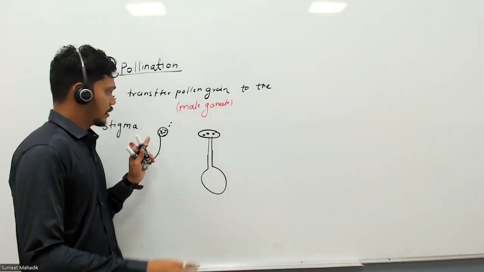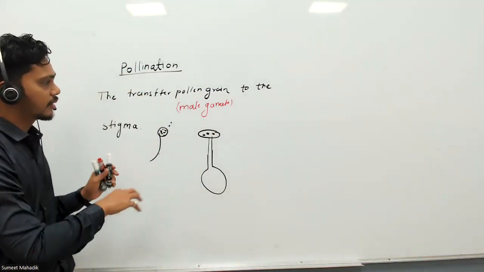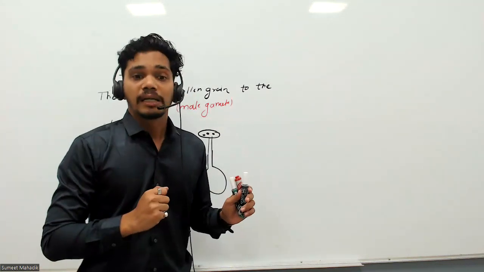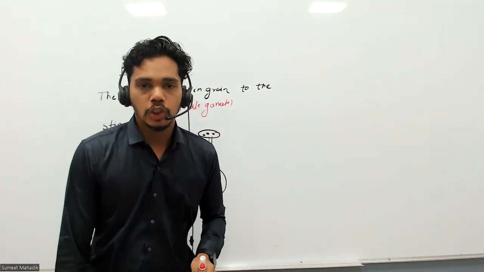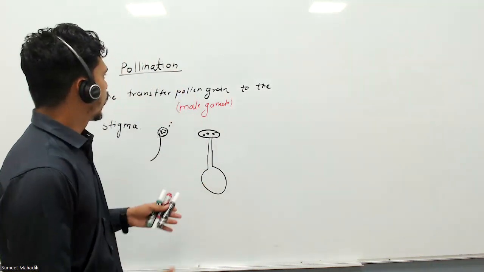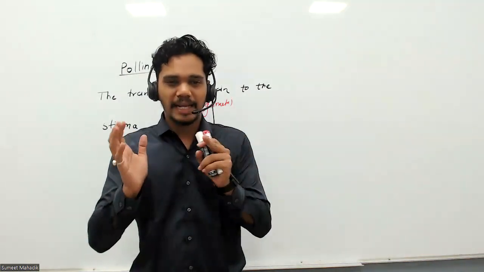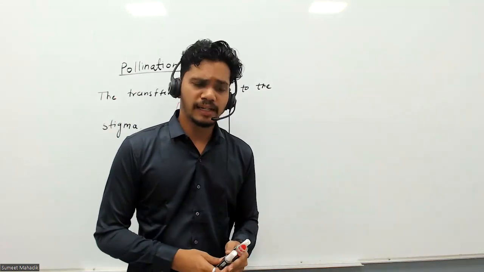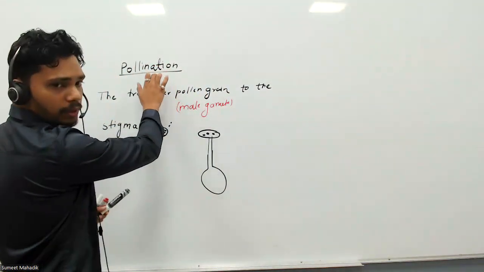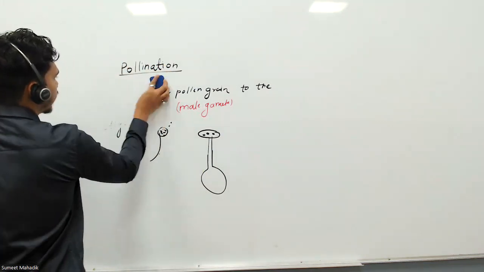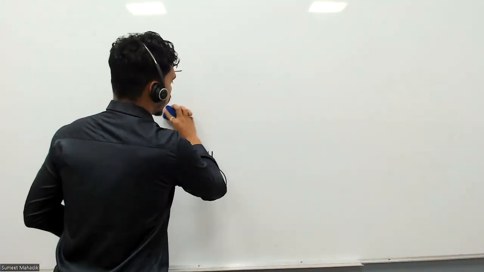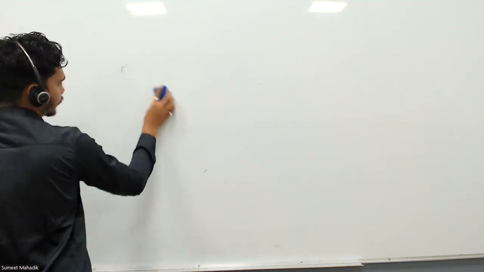And if the pollen grain from a different anther falls on the stigma of a different flower's gynoecium, it's called cross pollination. So the point is clear: pollination is the transfer of the pollen grain.